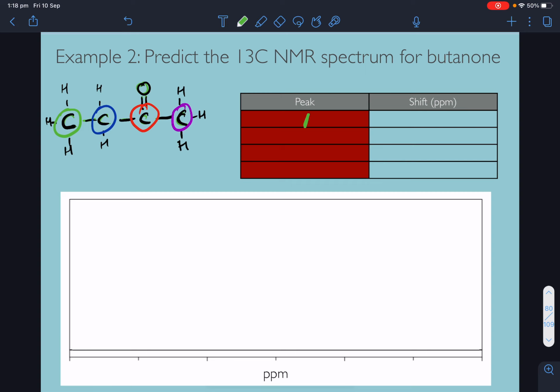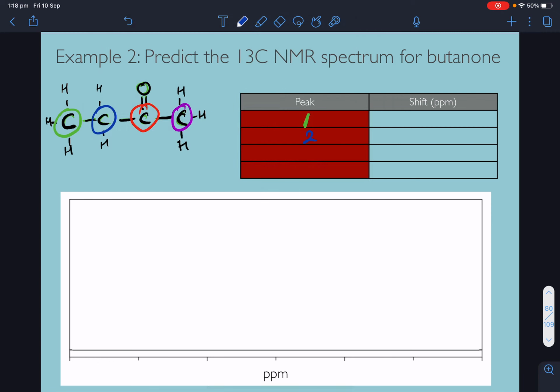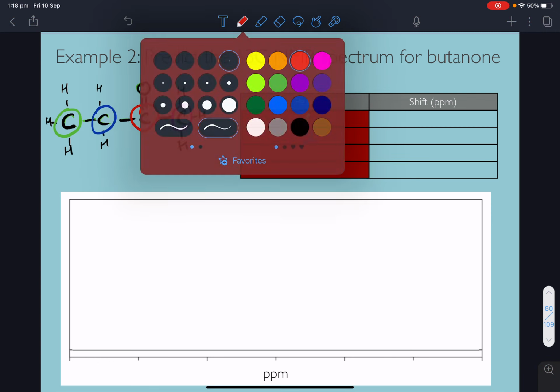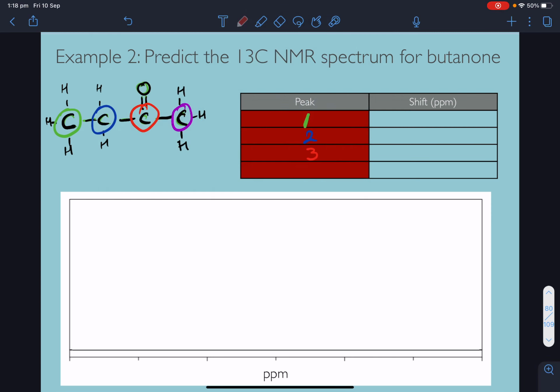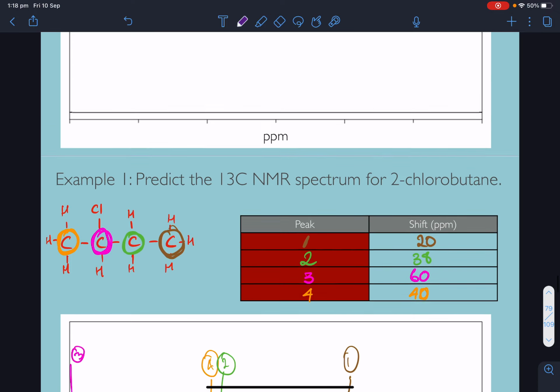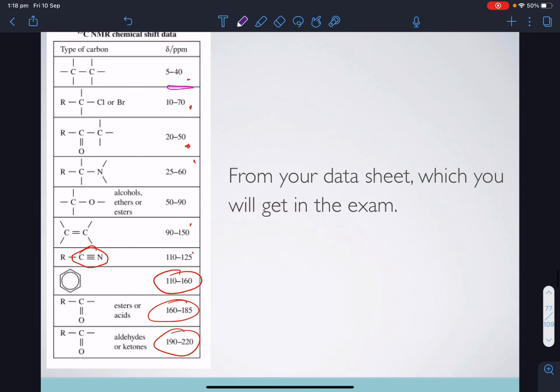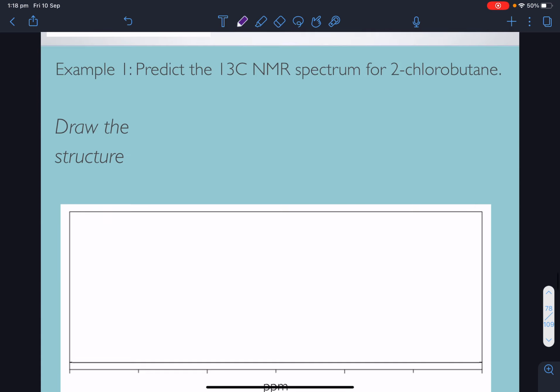Peak 1 in green, peak 2 in blue, peak 3 in red, and the purple peak 4. So the CH3 is near an O. The carbon with the oxygen is going to be 20 to 50, so let's call it 40.